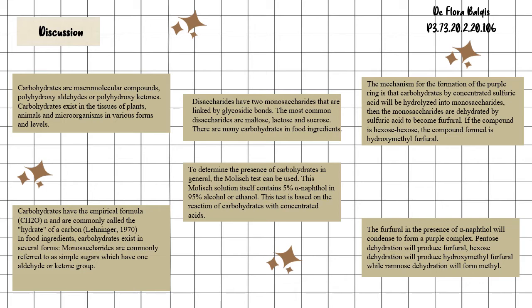The furfural in the presence of alpha-naphthol will condense to form a purple complex. Pentose dehydration will produce furfural, hexose dehydration will produce hydroxymethyl furfural, while rhamnose dehydration will form methyl furfural.